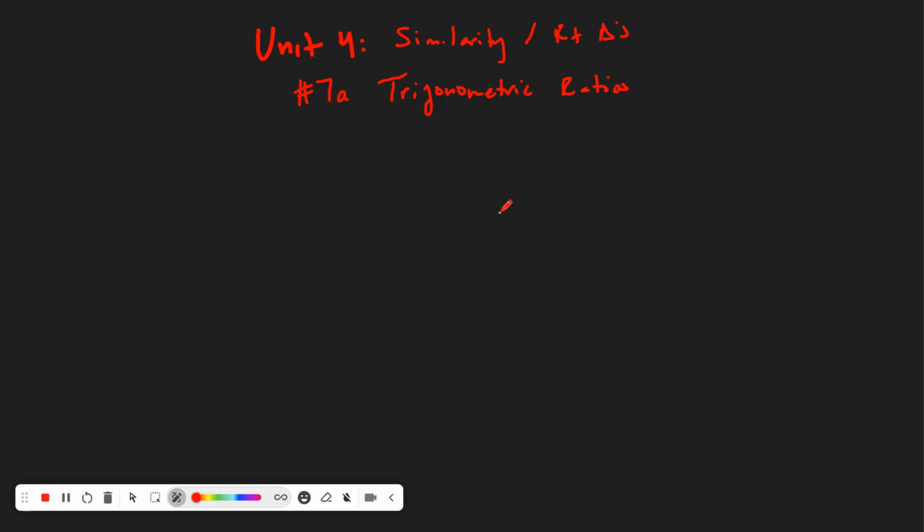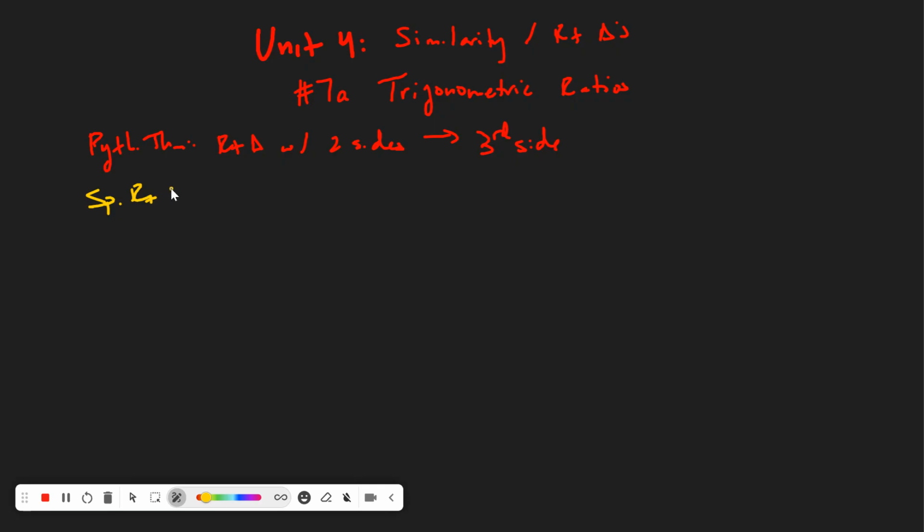Okay, so let's again recall what we've done so far with these right triangles. The first thing you learned about right triangles was the Pythagorean theorem. With a right triangle with two sides given, you can use the Pythagorean theorem to find the third side. Then we learned about special right triangles.